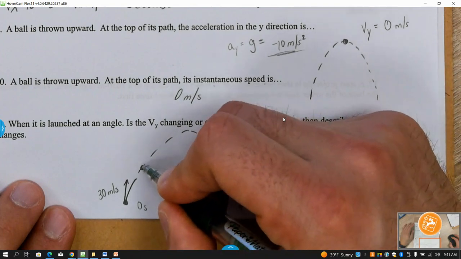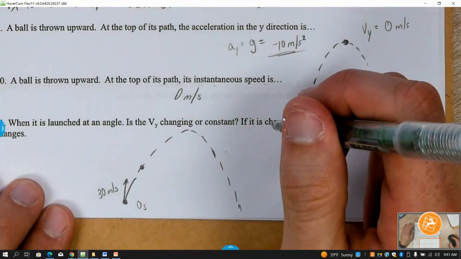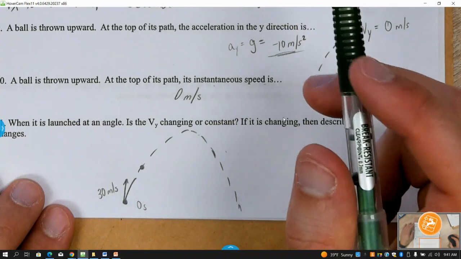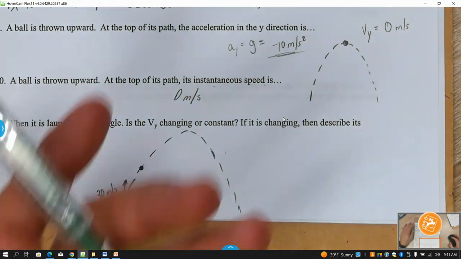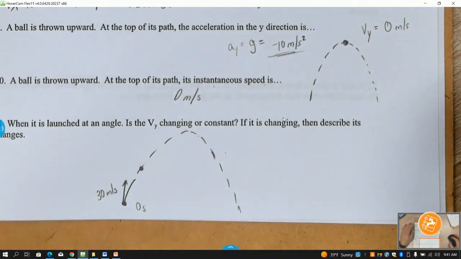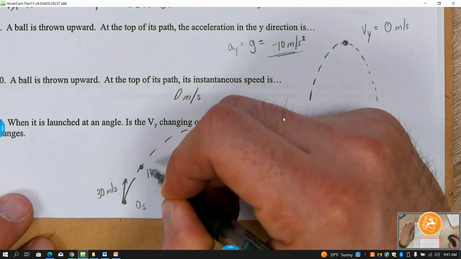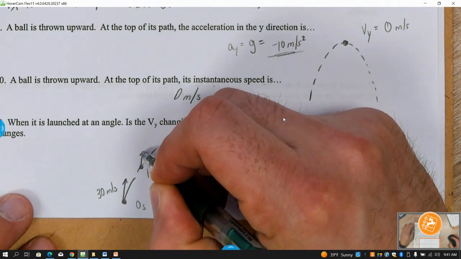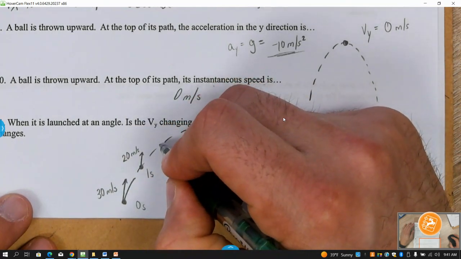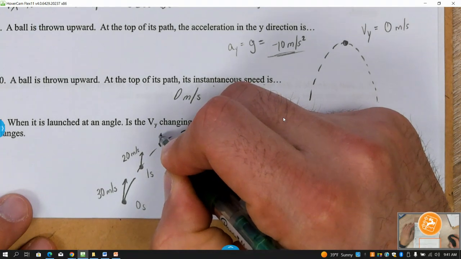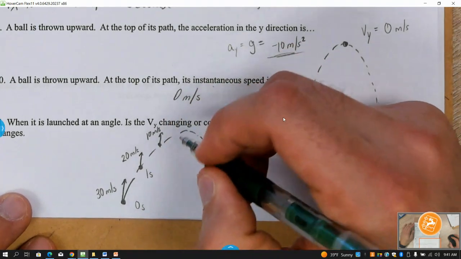The next second up, because they want to know how Vy is changing. So guys, what is gravity again? Negative 10, right? So if you just toss your pencil straight up right now, does it speed up on the way up? No, it slows down. How much does it slow down by every second that it's in air? By 10. So if it was in the air for 1 second, that 30 is now going to become 20. In the air for 2 seconds, it becomes 10.